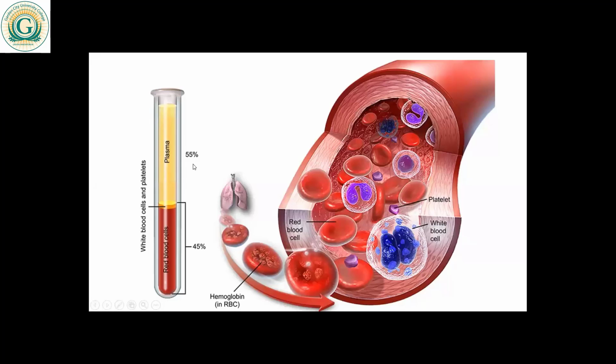So the components that we've mentioned so far make up 10% of the plasma. Therefore, your intake of water has influence on the level of plasma, and therefore on the volume of blood. The red blood cells are the main or abundant cells in the blood, making up 45%. Within this 45%, we have less than 1% made of white blood cells and platelets.